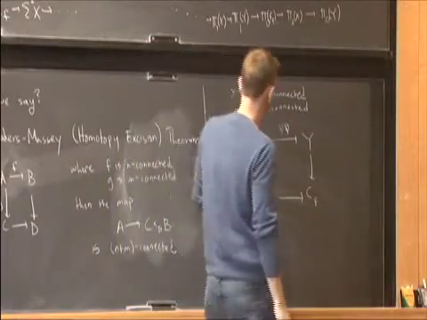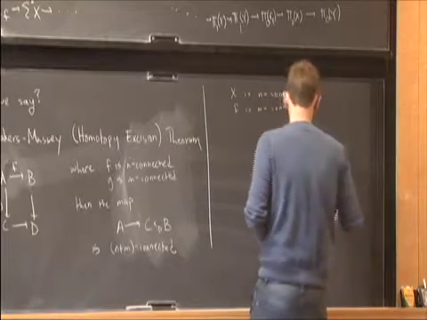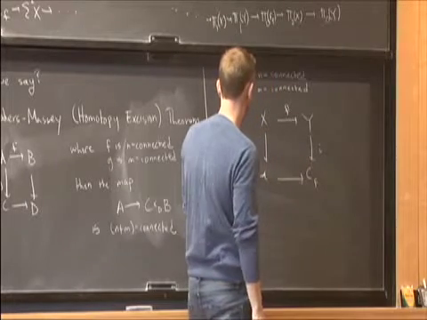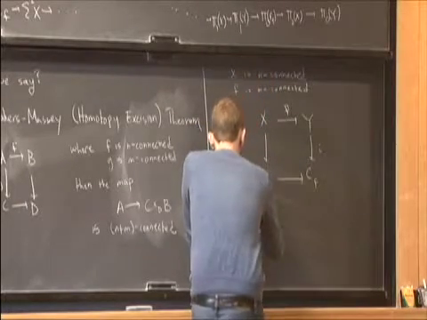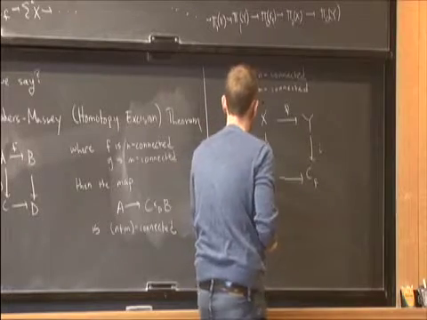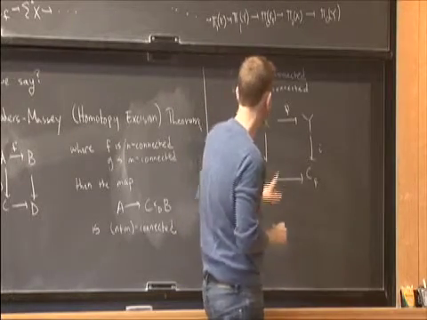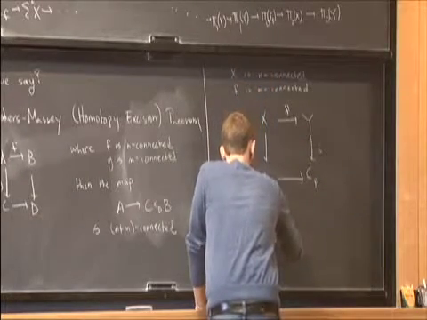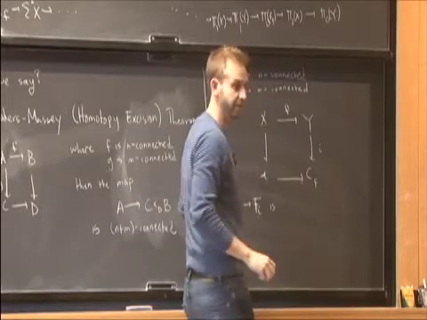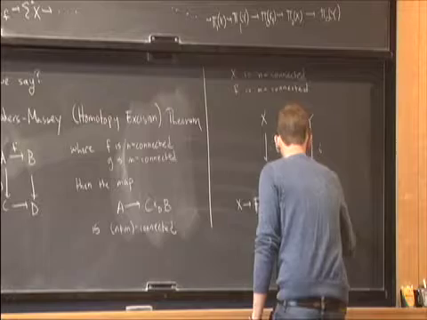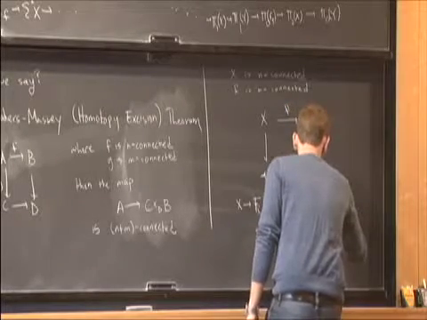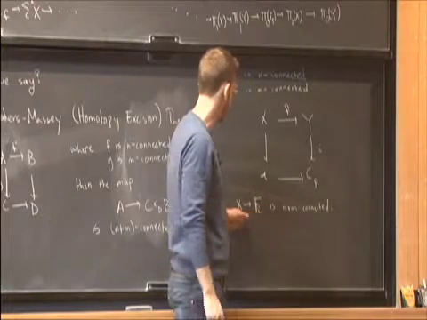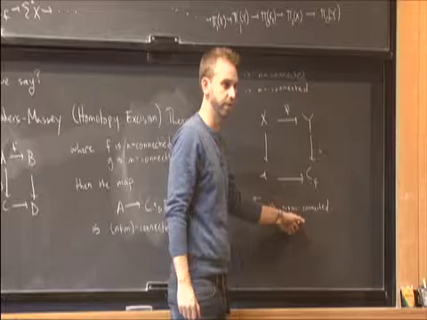So what do we learn? Here's i. The most obvious thing we learn is that the homotopy fiber of i is n plus m connected, meaning the homotopy groups of the fiber agree with the homotopy groups of X up to n plus m.